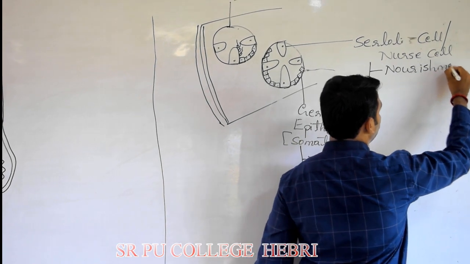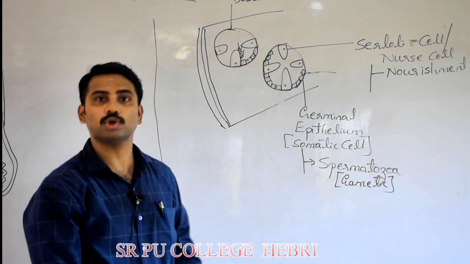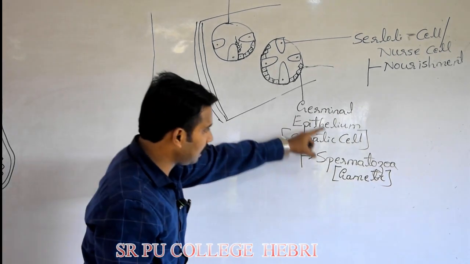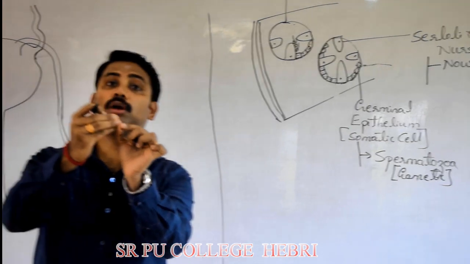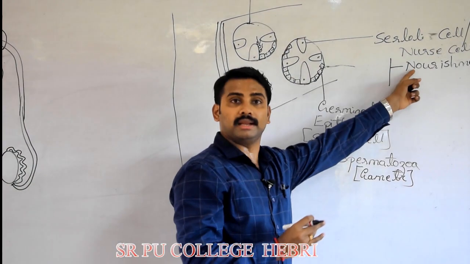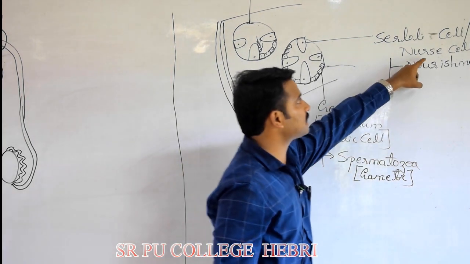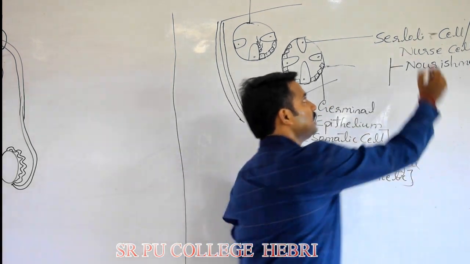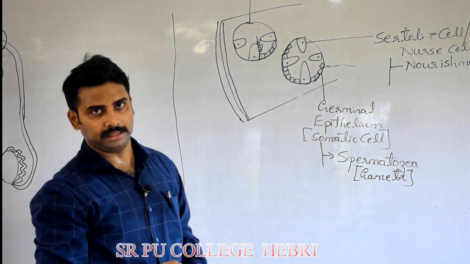It helps in the nourishment of developing spermatozoa. Mark it as a one mark question. This nurse cell can also be called Sertoli cell, based on the name of the scientist.